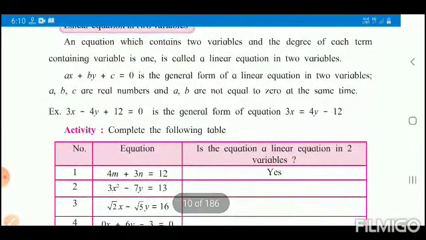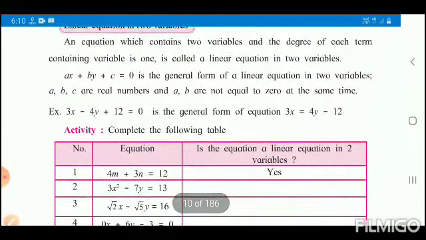Here a, b, c are real numbers and a, b are not equal to 0. Keep in mind, if a and b are 0, then this general form will contain just c is equal to 0, and this is not the form of linear equation in two variables. So a and b are not equal to 0 at the same time.